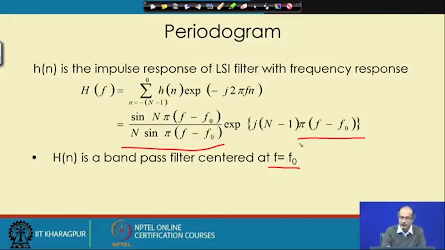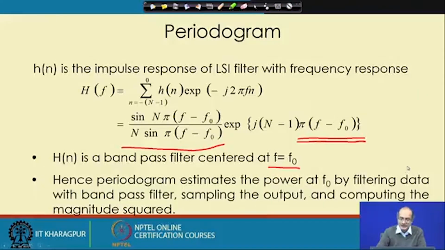From this we get that it is located at frequency f equal to f 0, and the periodogram estimate gives the power at f 0 by filtering data with a band pass filter.